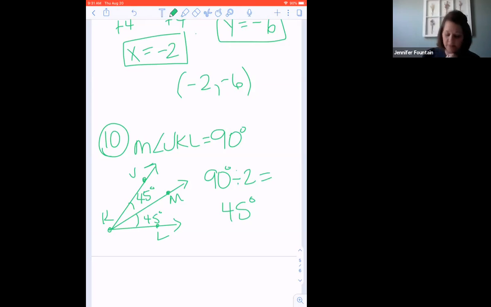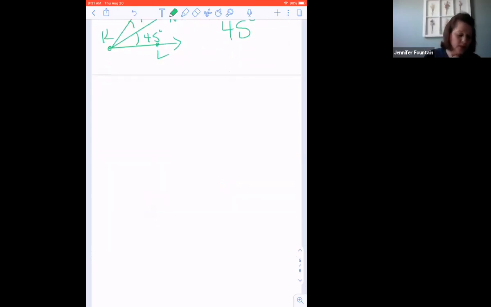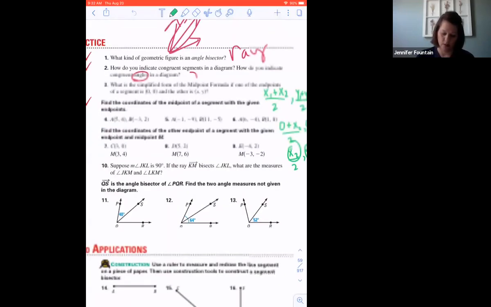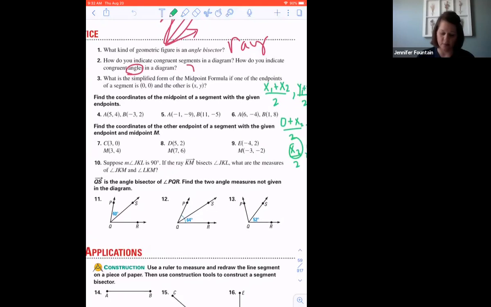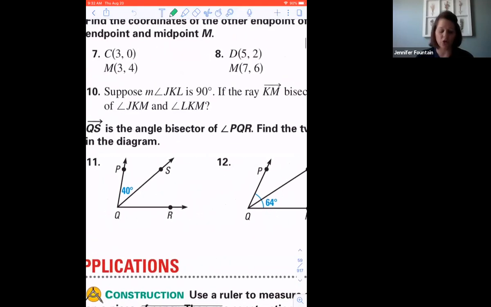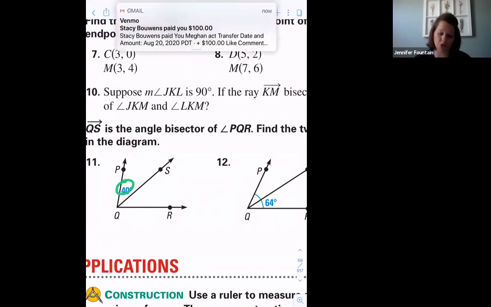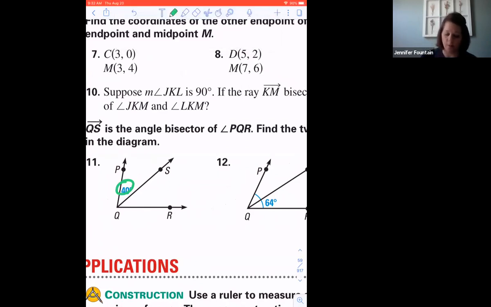All right, let's look at 11, 12, and 13. On 11, it says angle QS is the angle bisector of PQR. Find two angle measures not given in the diagram. Let me go back to my screen here. All right, now here we are on 11. If QS is a bisector and PQS is 40 degrees, then what is the measure of SQR?